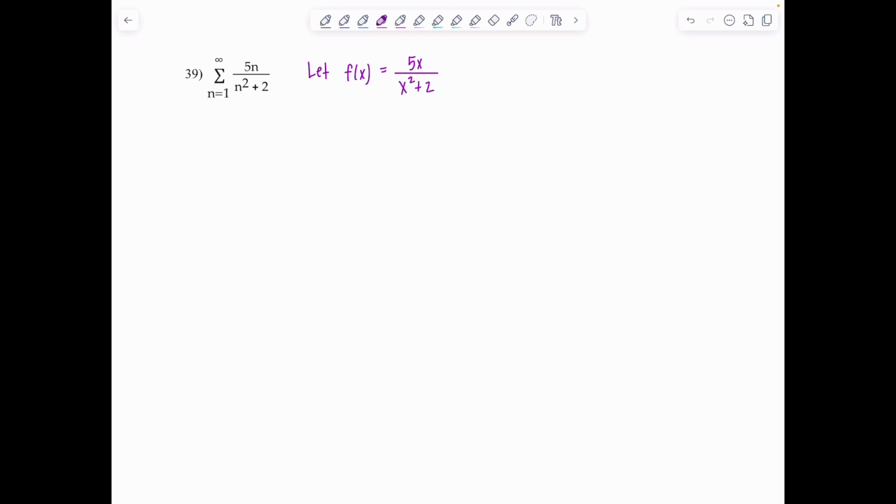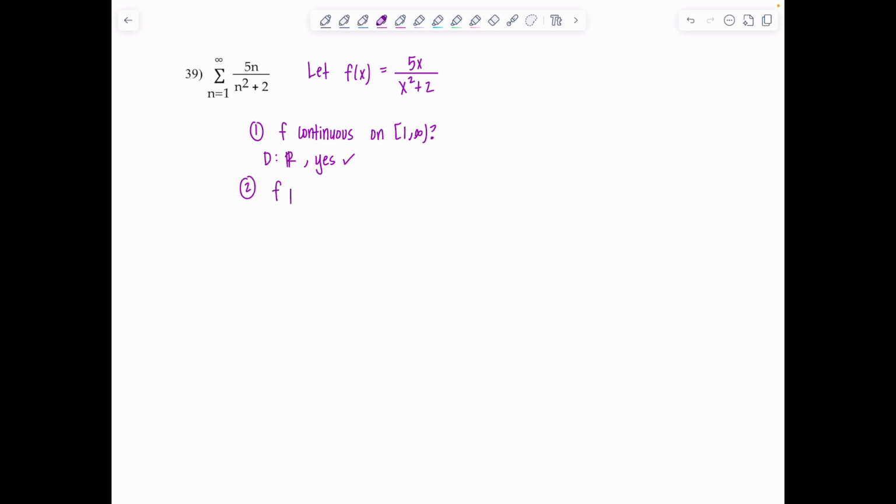Now we have to check, is f continuous on 1 to infinity? Well, look at f of x. It's a rational function, but this denominator is never 0. So the domain of f is all real numbers, which means f is continuous on all real numbers. So yes, it's continuous on the interval from 1 to infinity.